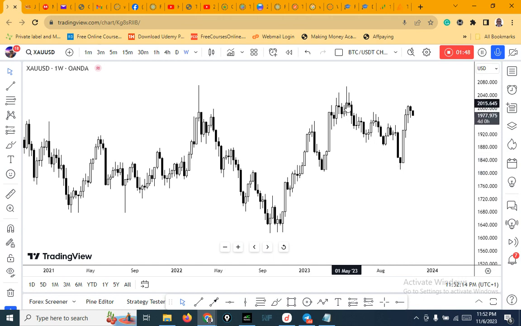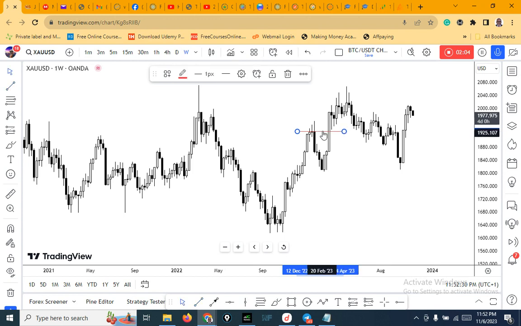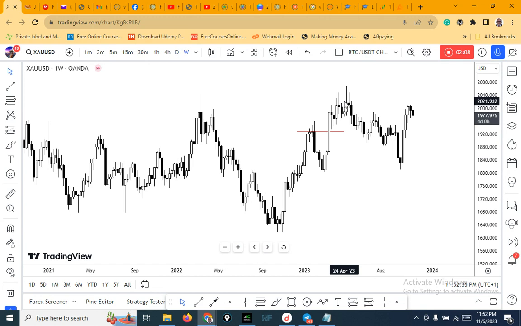So what this market is currently doing now is revolving around market structure. Let me tell you what I mean. If you look at the peak formations here, if you look at this high, you'll see that this high has been broken by this high here. So there's a break of market structure.